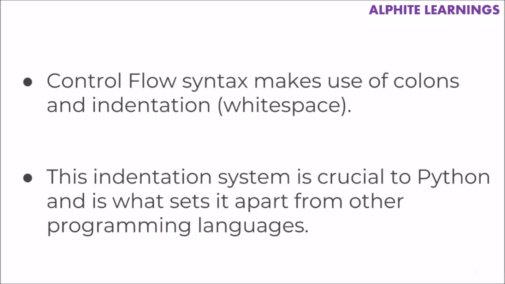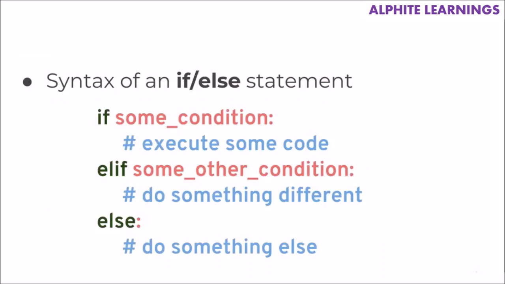So this is the basic syntax, kindly everyone note it down. This is the skeleton for an if-else statement. I'll give you a couple more minutes so people can note it down, and then we can proceed.